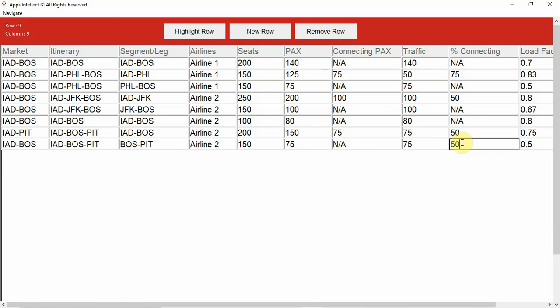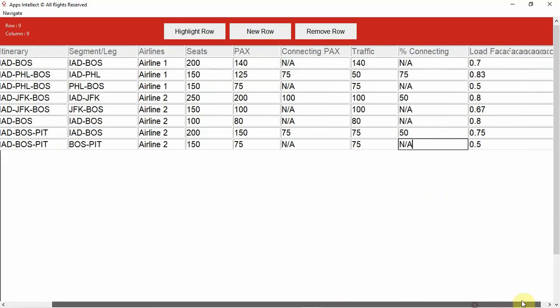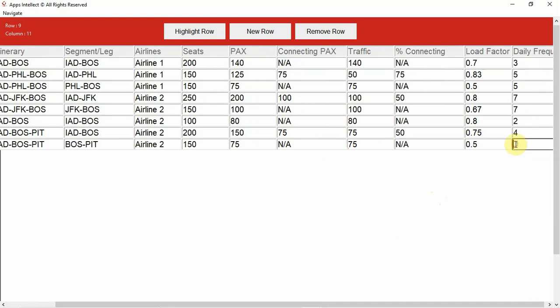Sorry, this is not the 50%, it's not applicable, because the flight ends here with 75 passengers and the traffic is 75. The load factor is 50%, and the number of daily flights would be 4.